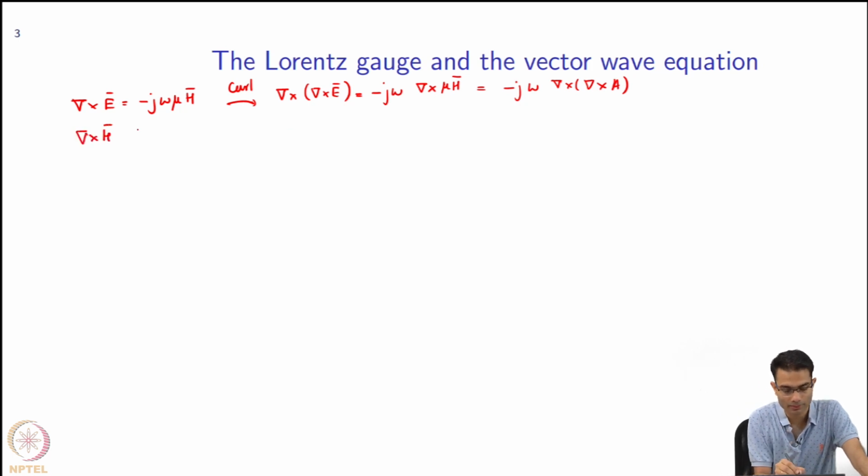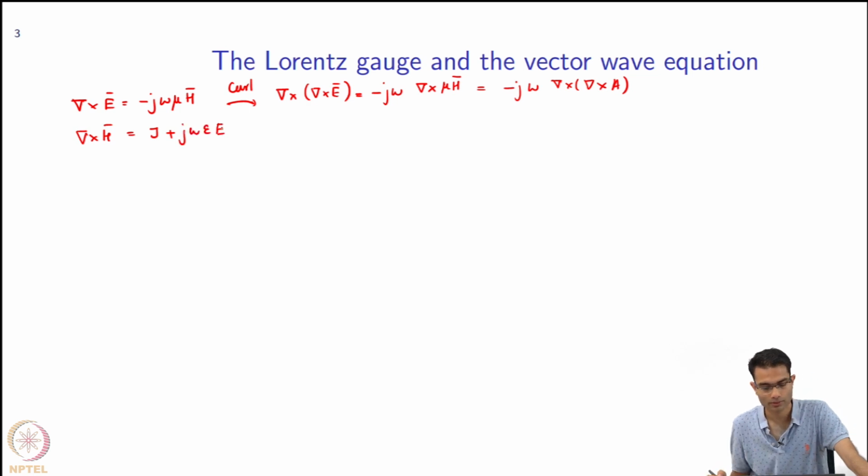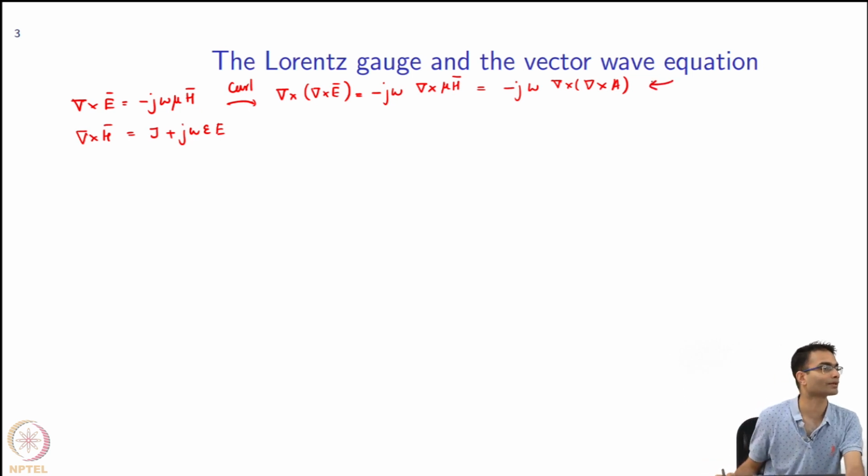So curl of h, remember we have j plus j omega epsilon E. Okay. So then what? So this is taking us to one route where possibly we will have to apply the vector calculus identity to E itself. This was the route for equation 1.